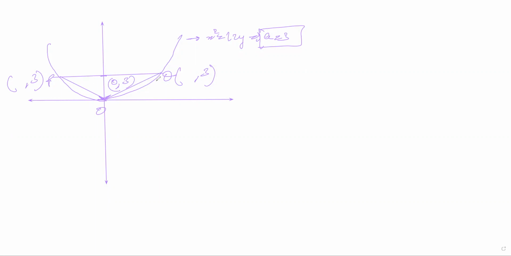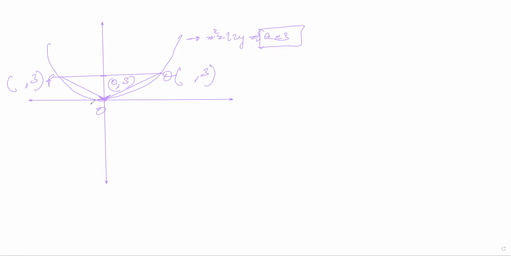What was the length of latus rectum of a parabola? 2b square by a was for ellipse and hyperbola. What was the length of latus rectum for a parabola?